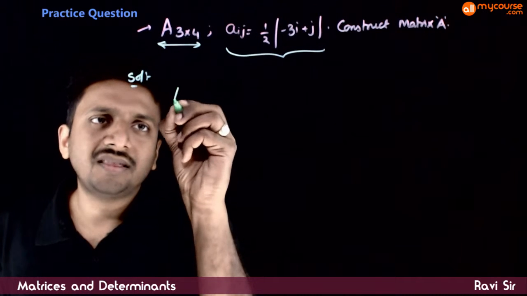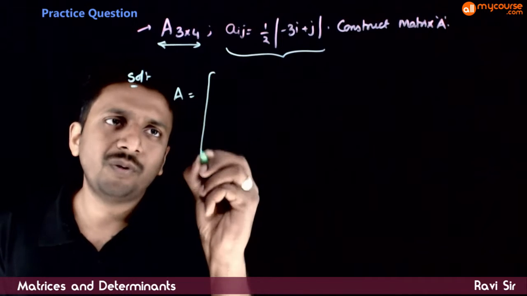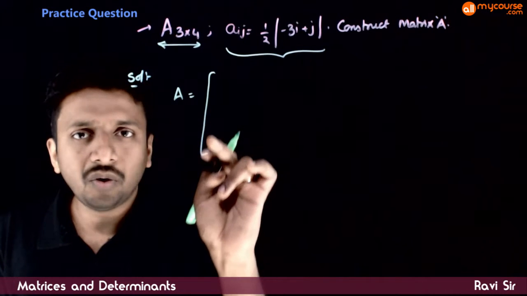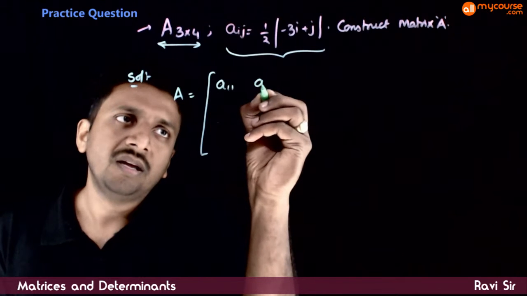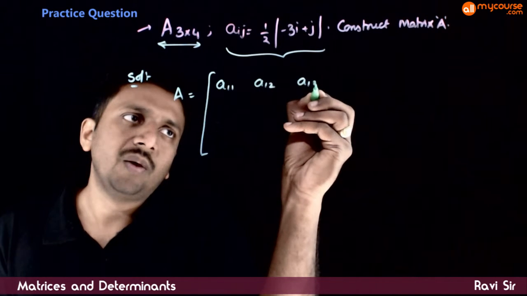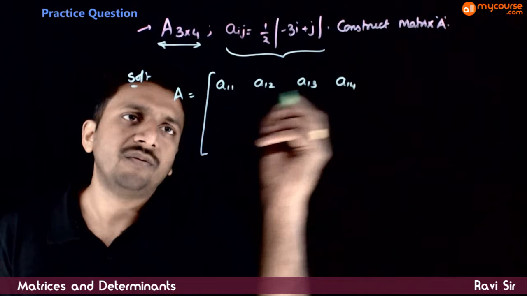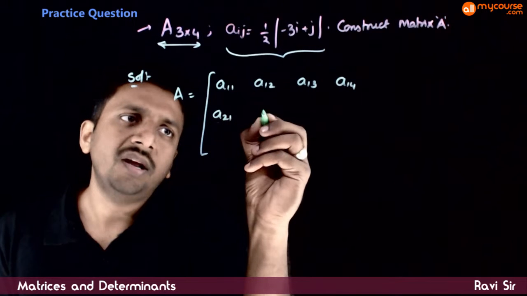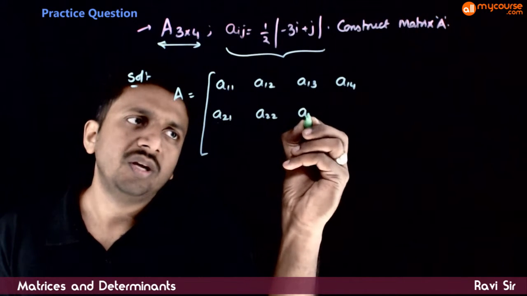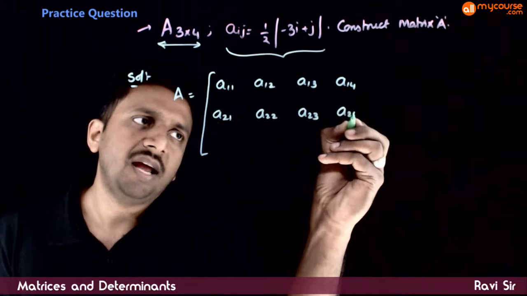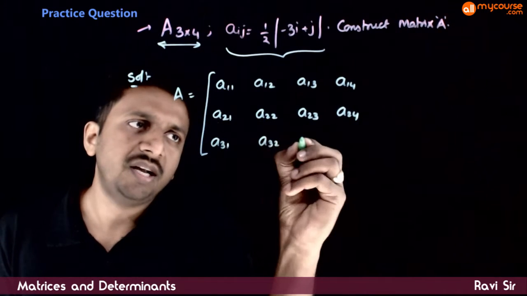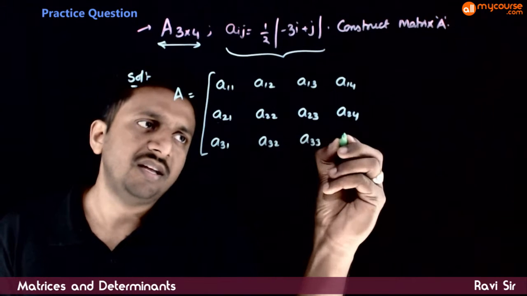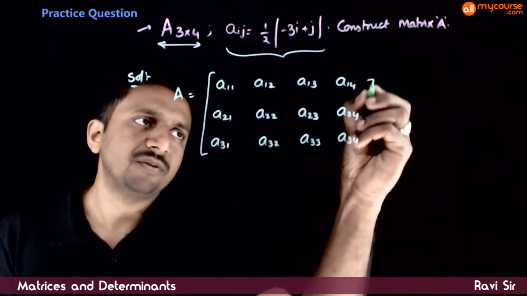So A is a 3 by 4 matrix, that is 3 rows and 4 columns. So A11, A12, A13, A14, A21, A22, A23, A24, A31, A32, A33, A34.